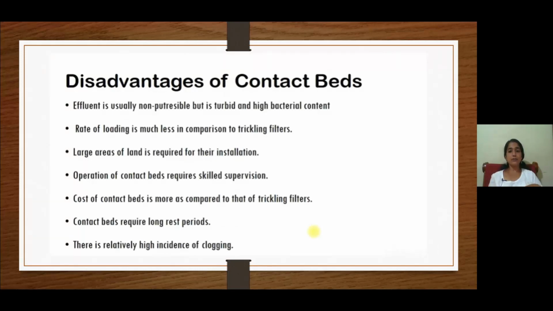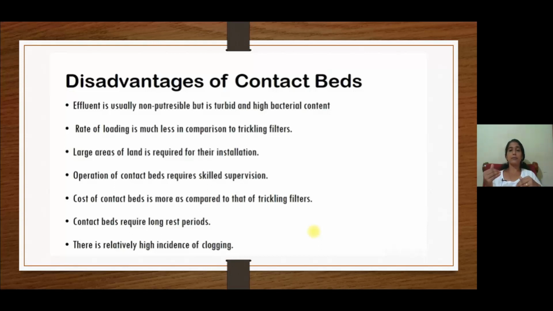Then the disadvantages of contact beds. The effluent is usually non-putrescible but is turbid and has high bacterial content. The rate of loading is much less in comparison to trickling filters. That is, it is only designed for a very small quantity of wastewater. Large areas of land are required for their installation.